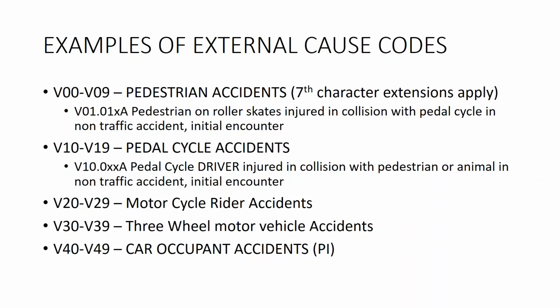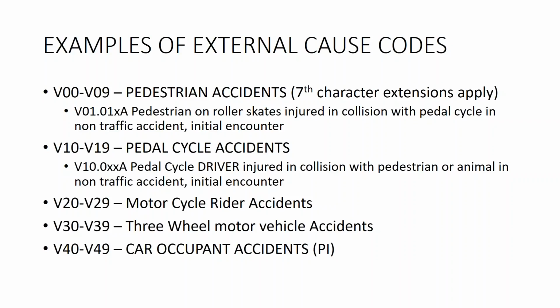So for example, V01.01XA, where X is the placeholder that we use to get ourselves out to the 7th character extension. This would be an accident of a pedestrian on roller skates injured in a collision with a bicycle in a non-traffic accident, initial encounter.